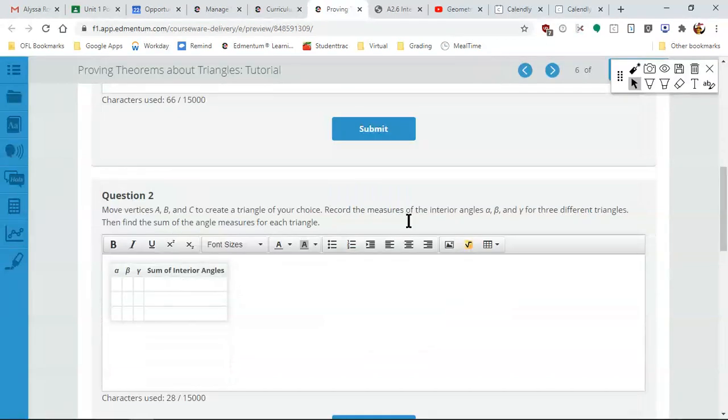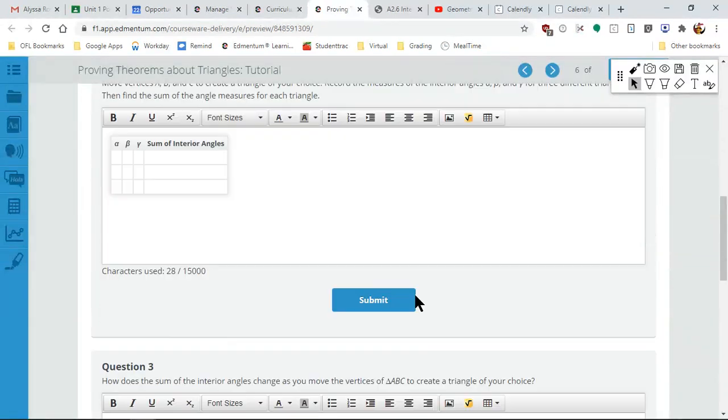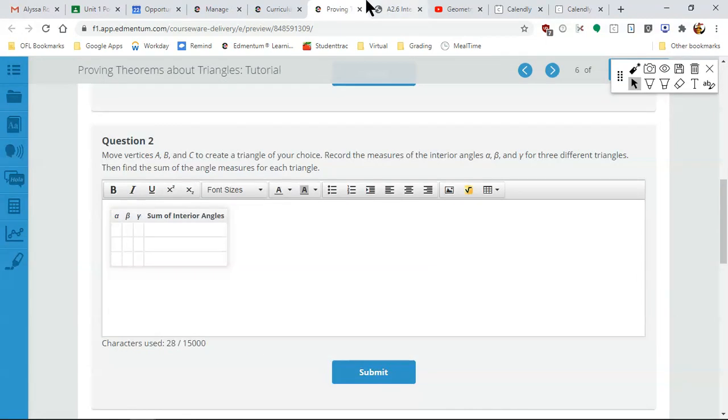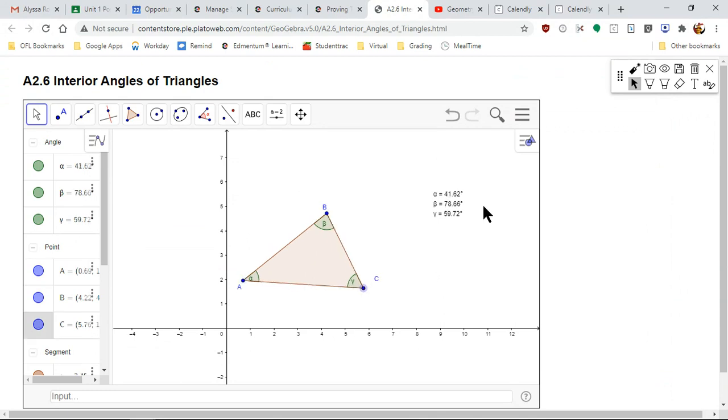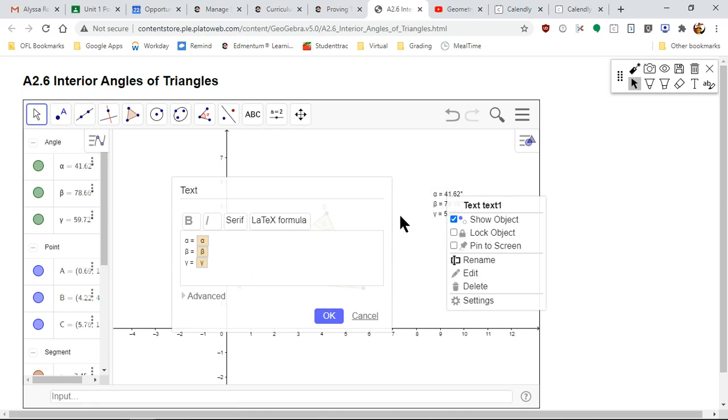So now it's move these vertices around and then record the angles. That's simple. We're just going to grab one of these angles, move it around, and record our new angles. Can I copy this? Is there a way for me to just copy this?